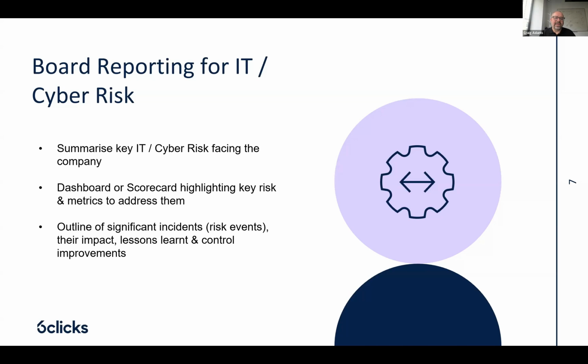Secondly, it's being able to report on those in a meaningful, accessible dashboard or scorecard, and not just highlight those really key risks, but also identify the core metrics that will address them, so you can define and understand whether your risk profile around a particular risk or risk category is in line with your appetite as a business and how you're performing against specific metrics.